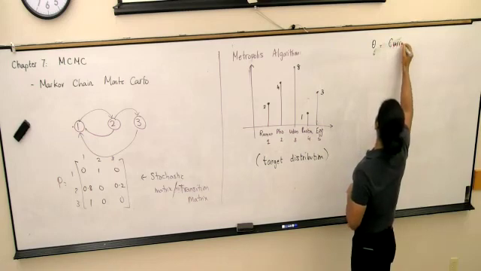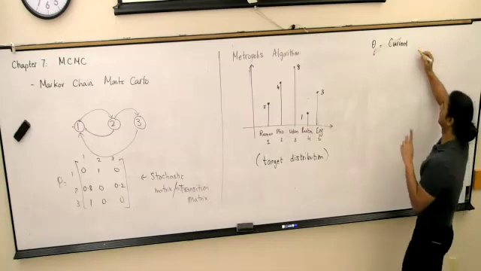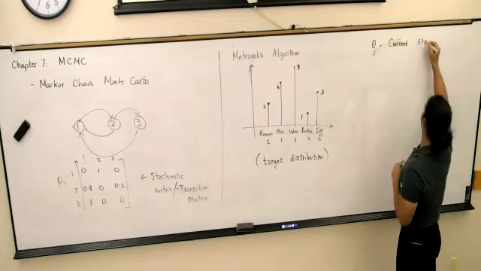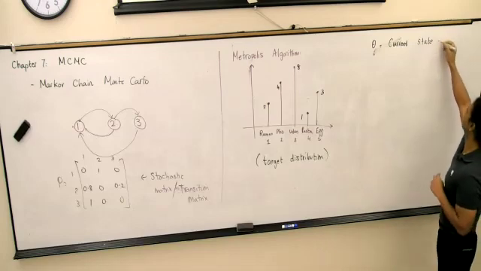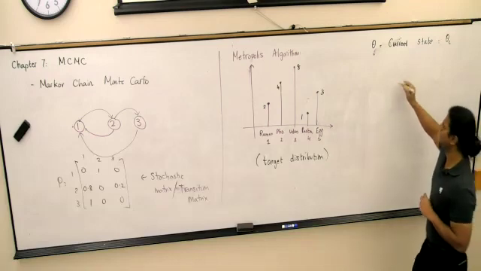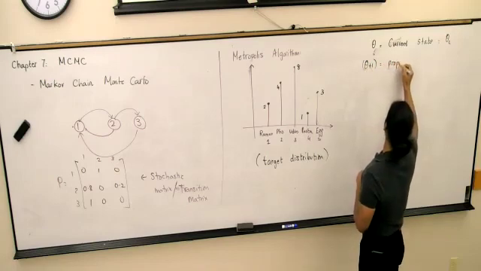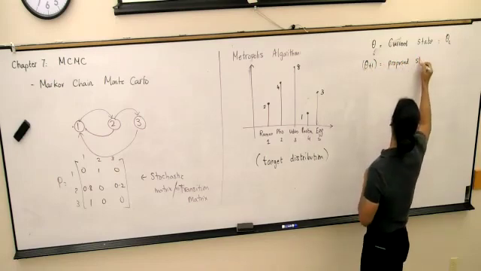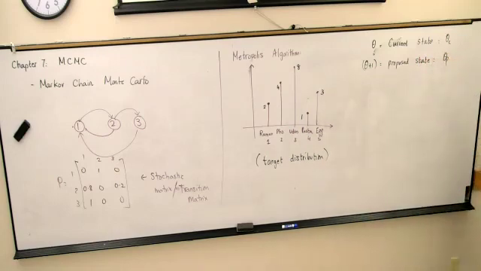I think the book doesn't differentiate, it just calls it the current state. Call it theta c. And the next state is just theta plus 1. That would be the proposed state, theta p.